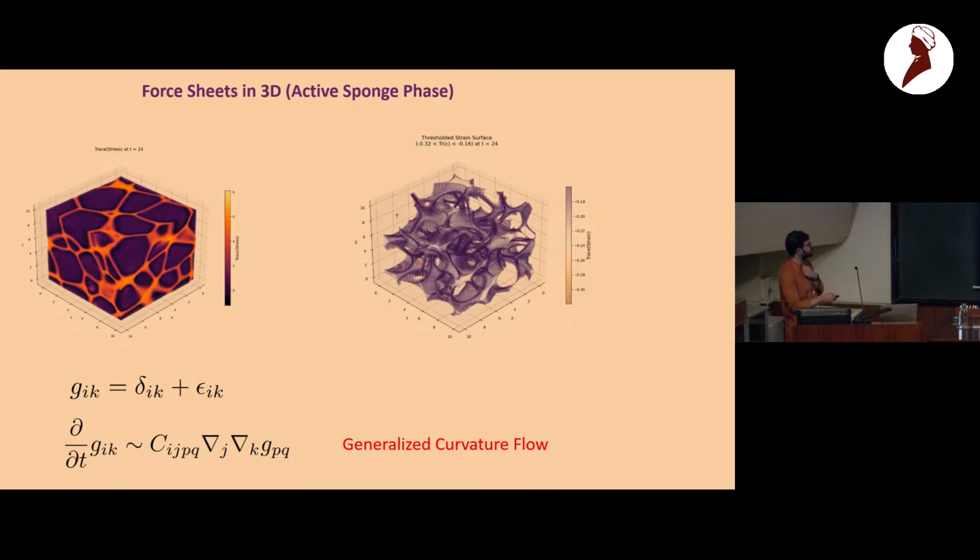You can write down the metric in the deformed configuration as my reference metric plus strain, and in the small strain limit at least, this metric evolution is governed by the second derivative of the metric tensor, which is some sort of curvature. Not Ricci curvature, of course, but some sort of general curvature flow.